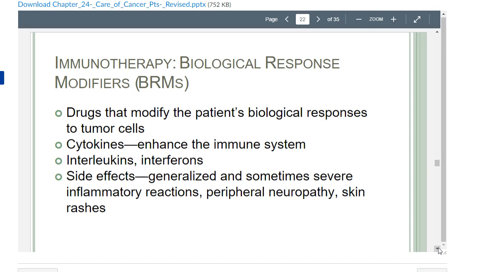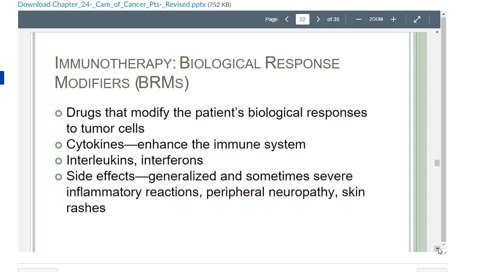You're probably familiar with these terms. Interleukins are 27 known substances the body makes to help regulate inflammation and immune production. So what they do is hopefully charge up the immune system. And interferons are cell-produced proteins that can protect non-infected cells from viral infection and replication.